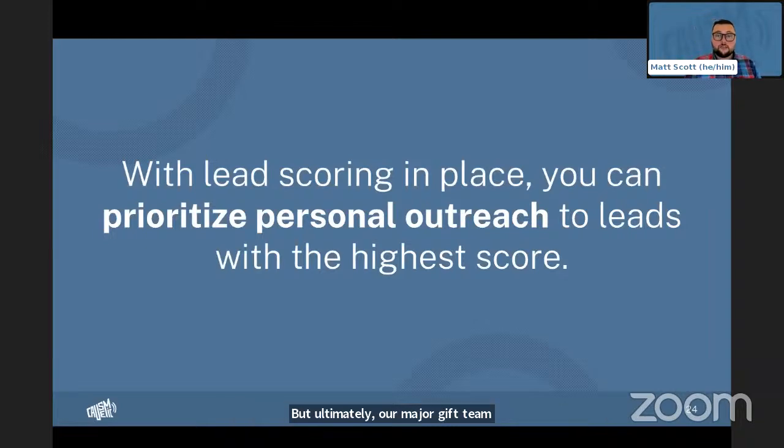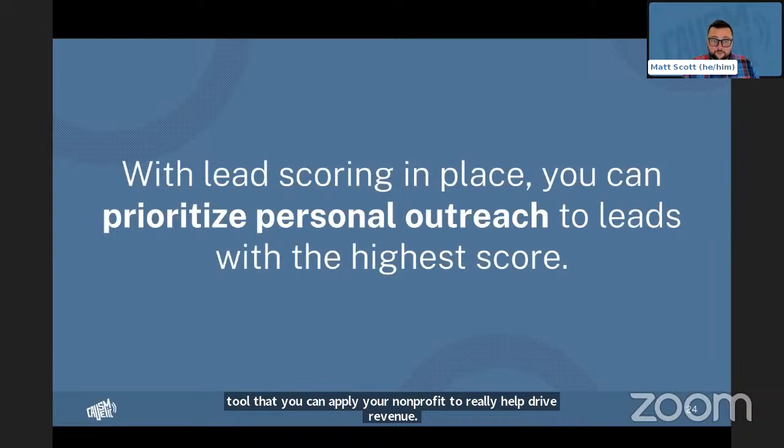And so with lead scoring and predictive lead scoring, we have the ability to prioritize based on a prospect's capacity to give and a prospect's interest in your nonprofit. I think that's really important, because it's this best-in-class for-profit tool that you can apply at your nonprofit to really help drive revenue, which ultimately we all need.